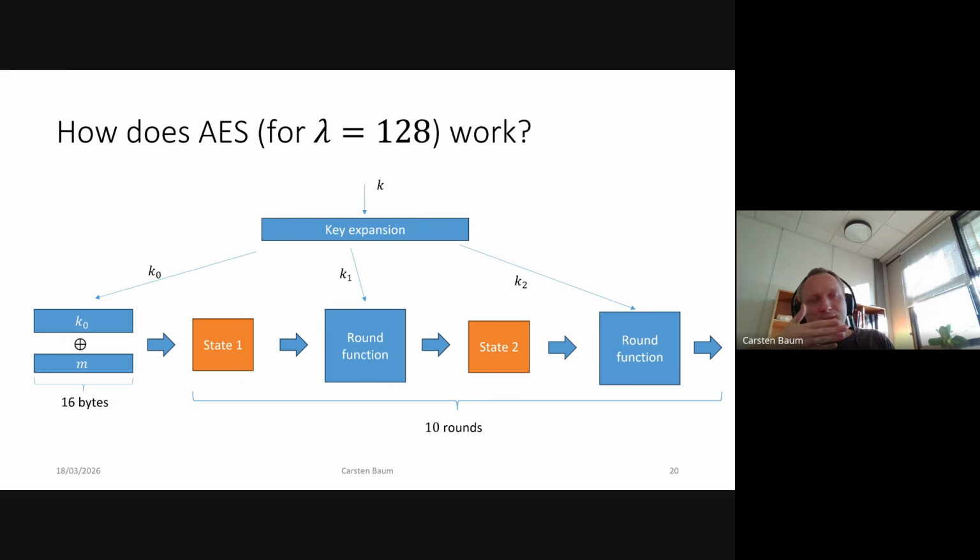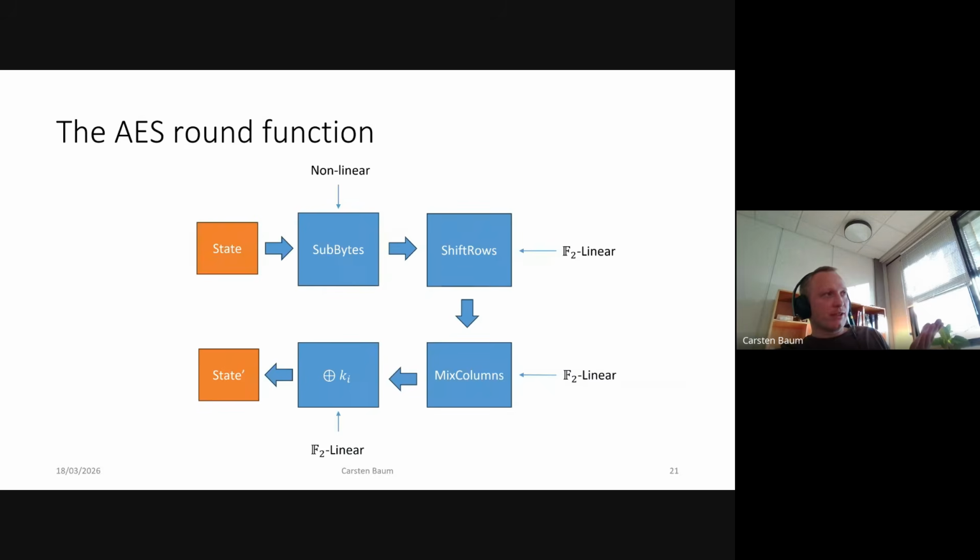So that's evaluating AES in plain. If we wanted to use it as a one-way function for a digital signature, we would have to do all of this stuff that is displayed here in zero knowledge. So let's leave out the key expansion and focus on evaluating the round function. So what is the round function in AES?